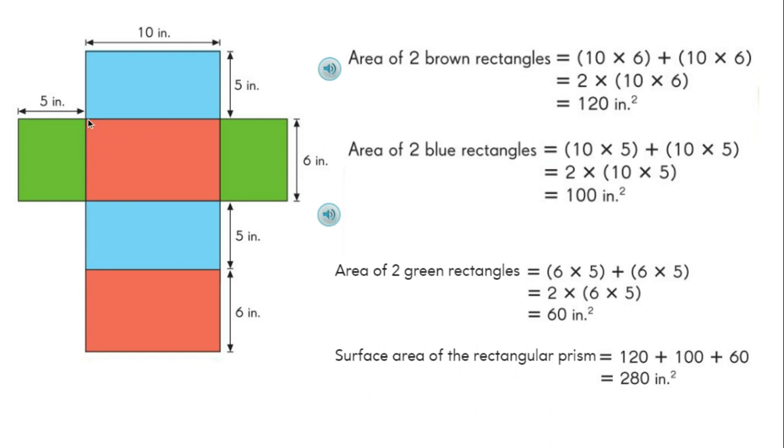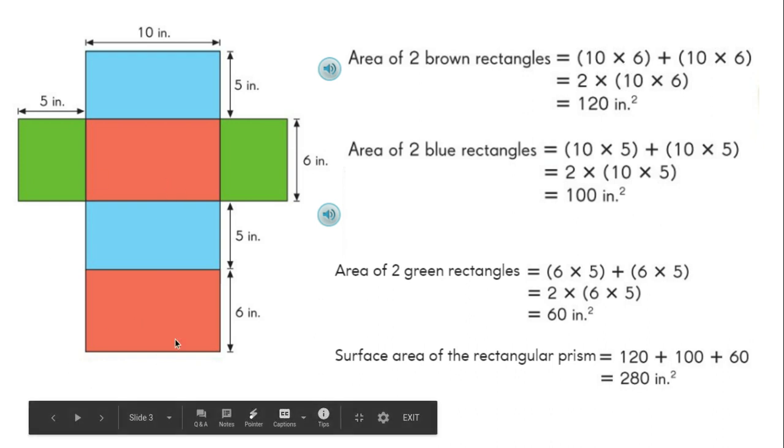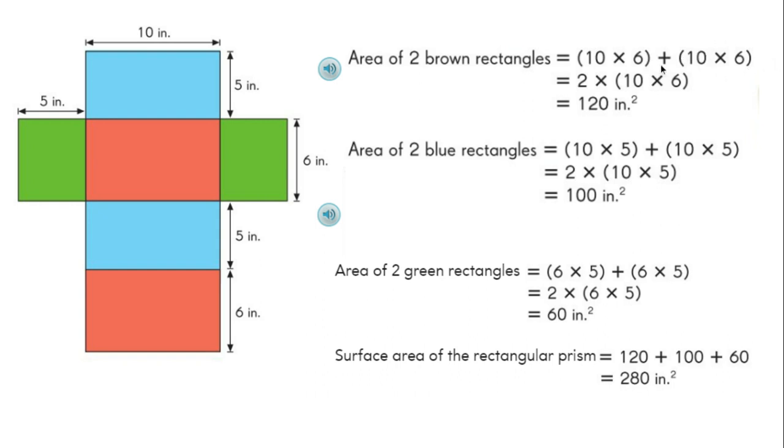I know that my length is the same as the top, so my length is 10 inches and my width right here is 6 inches. So I've got 10 by 6. Let's look at how this is organized. 10 by 6, and I'm going to add that to this other brown rectangle, another 10 times 6, or I can write it 10 times 6 times 2.